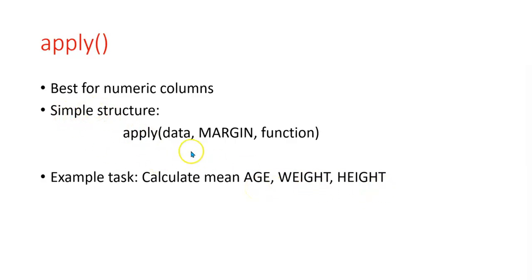The structure is very simple: you add the dataset you are working with, the margin, which I will explain later when we do coding in R, and then the function you want to apply. With apply, you can easily calculate the average age or average weight of patients, information we often use for table creation and summary statistics.